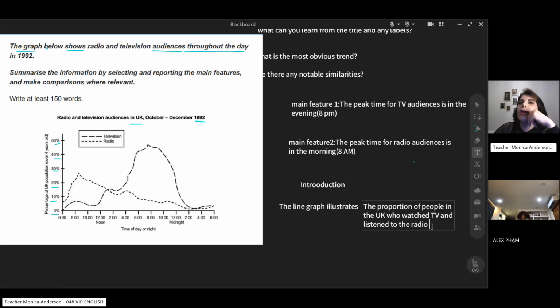Let's change it to hours. What do you think? In 24 hours. Yeah, of course, but no, over 24 hours. And when? From October to December.